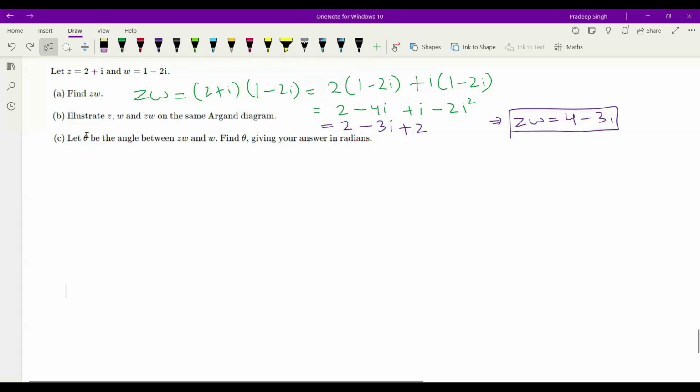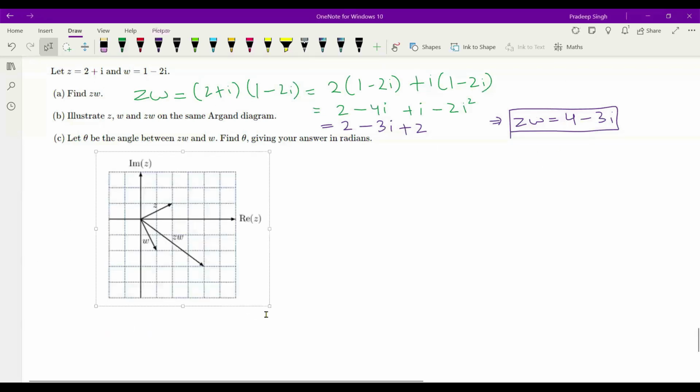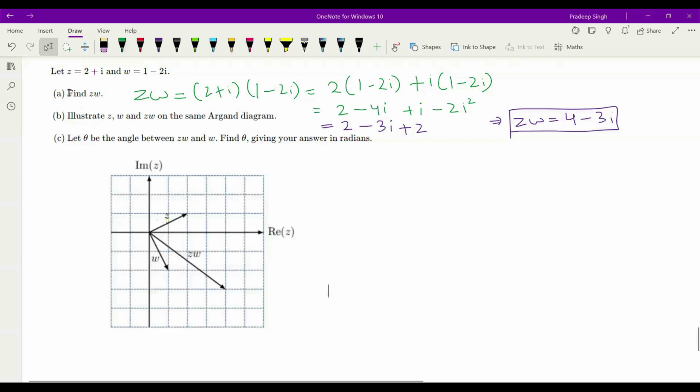In part B, we have to plot the three complex numbers z, w, and zw on the same Argand diagram. So z and w are already given and zw we just found out. The Argand diagram will look like this. Observe z was 2 plus i, which means z is 2 units on the real axis and 1 unit on the imaginary axis.